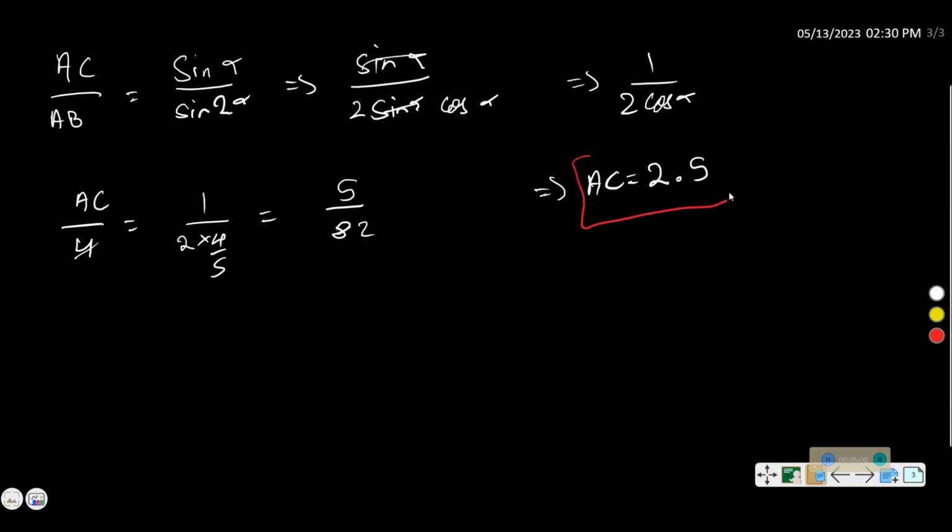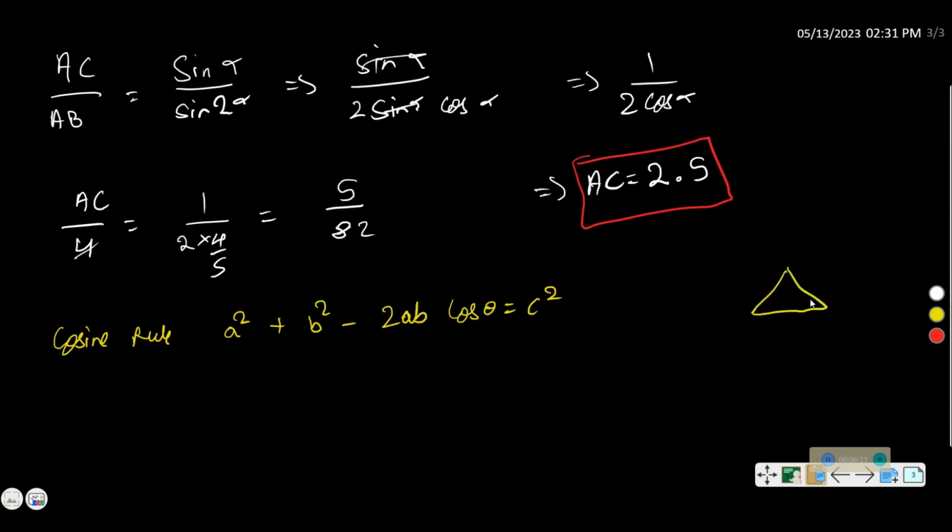Now applying the cosine rule, that states that a square plus b square minus 2ab cos theta equals c square, in a triangle where this is A, this is B, this is C, and this angle is theta.